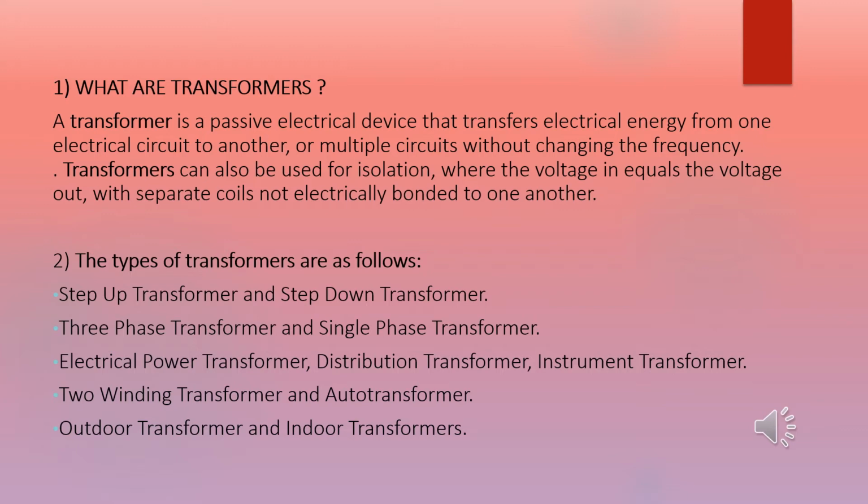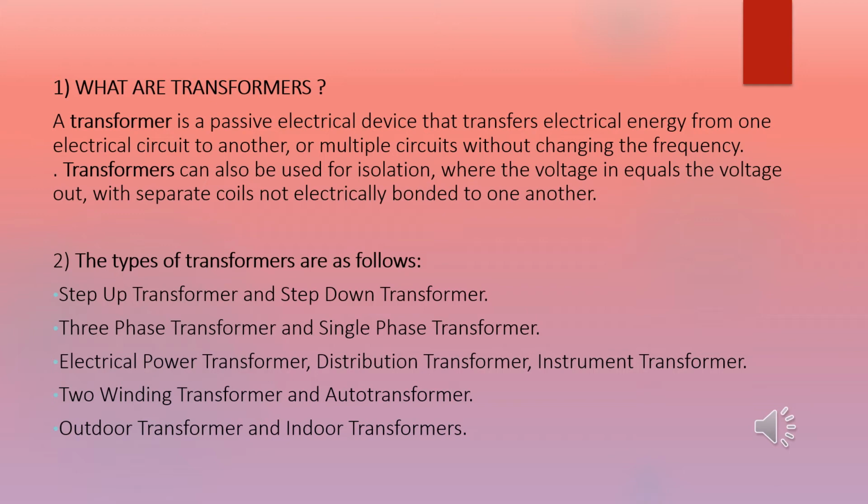Second type is three-phase transformer and single-phase transformer. Three-phase transformer means you have three live wires. Live wires means these three wires will have the electrical voltage value in them. The single-phase transformer has only one single live wire, meaning only one wire or one phase with a live electric circuit.